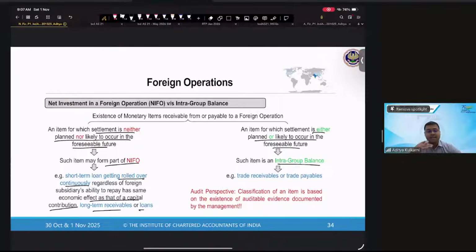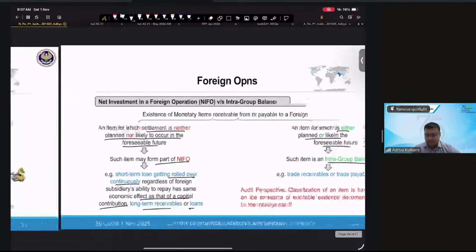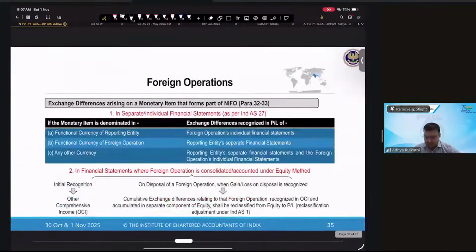You can give it any name in your financials, there is no problem, but your classification is driven by the nature of these balances. Are we okay with this? Yes.